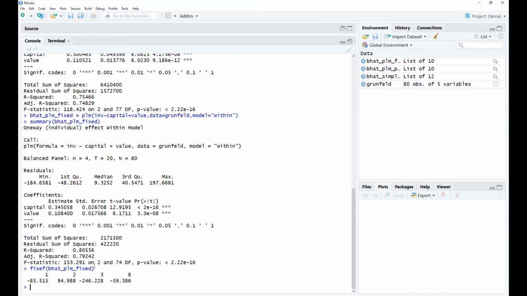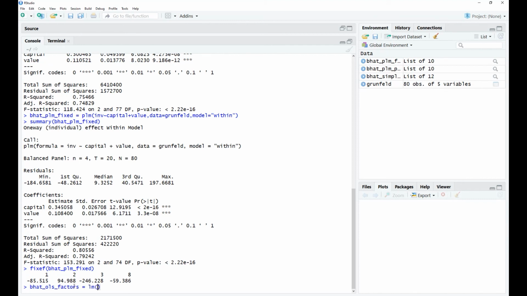Note that you can replicate this exact same result by running a simple OLS model, but making sure that you implement the firms as factors. So you can write, for example, b hat, let's call this OLS factors.